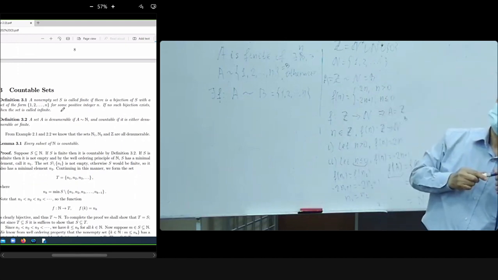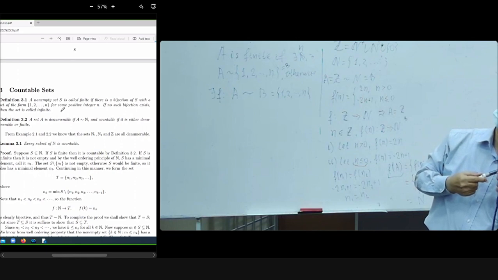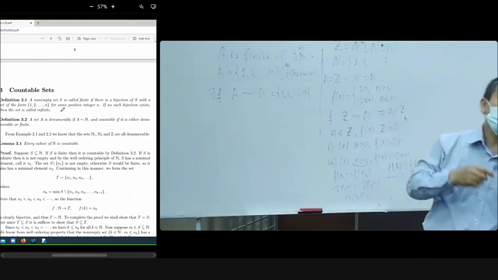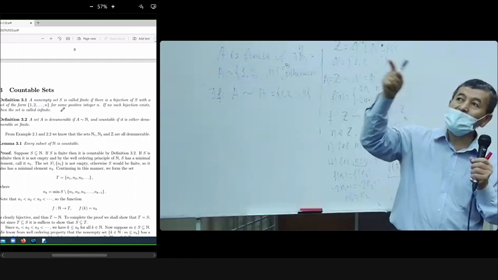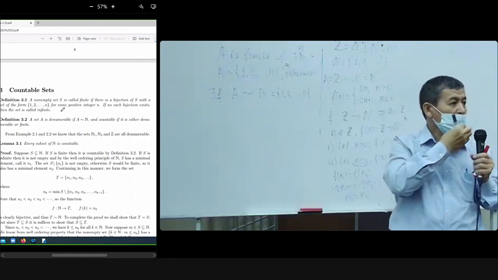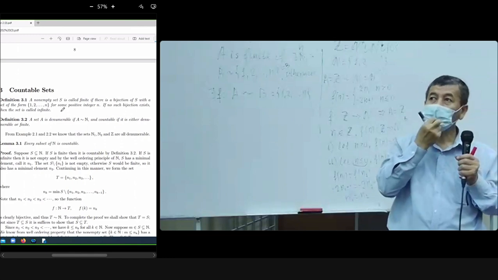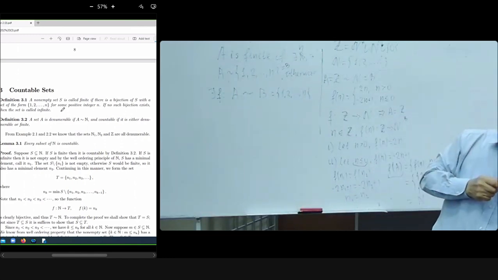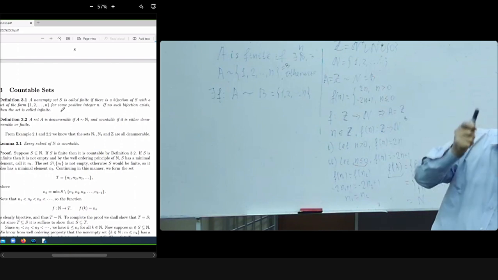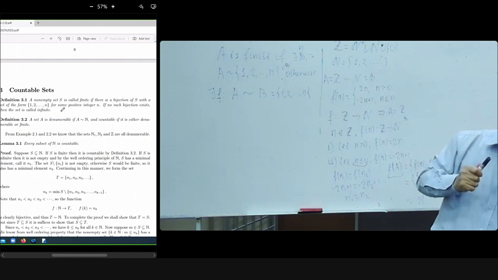Second definition: a set A is denumerable if A is equivalent to N. And a set is countable if it is either denumerable or finite.